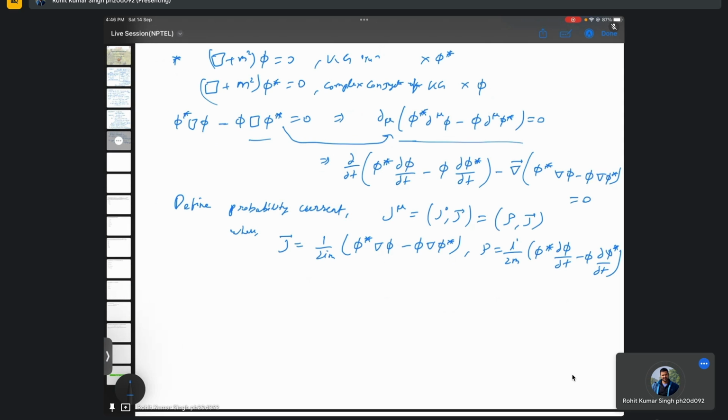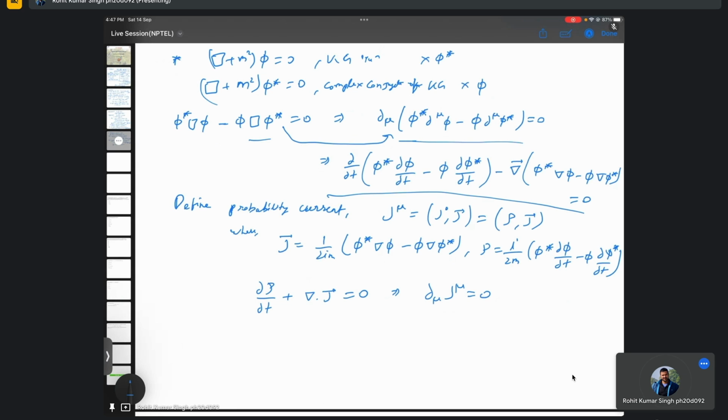Okay, so now if you see from here, this is nothing but del rho by del t plus gradient of j is equal to 0, right? Or you can write it like this in terms of the 4 vector.